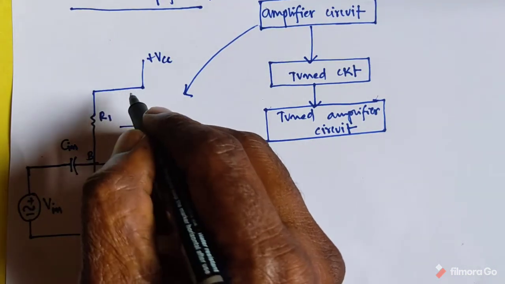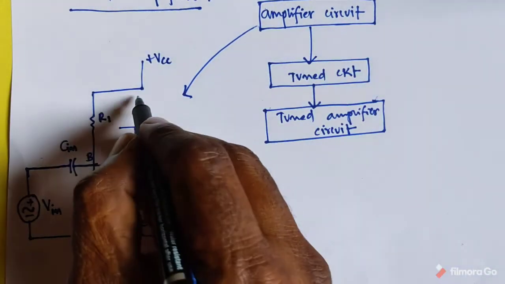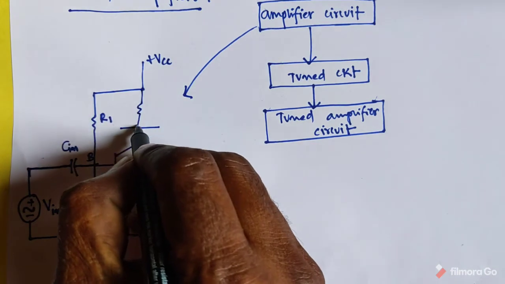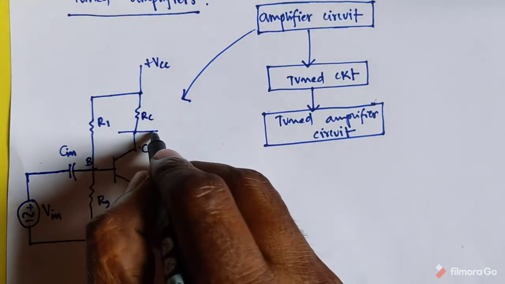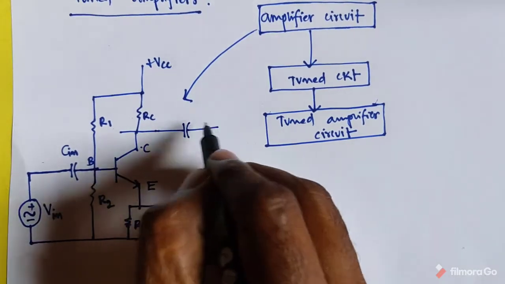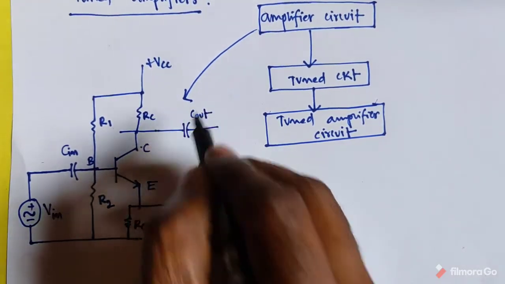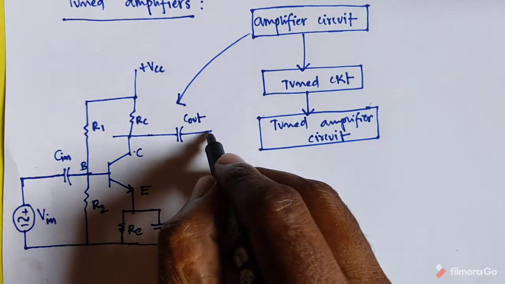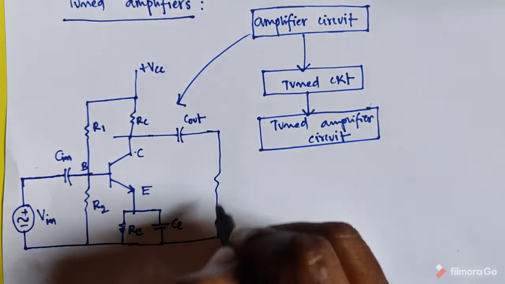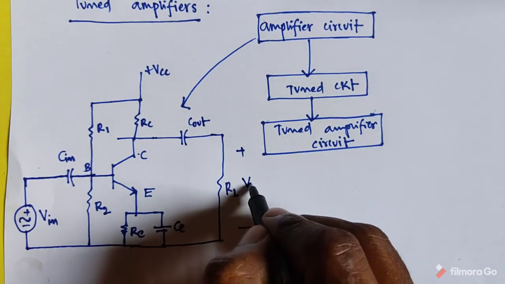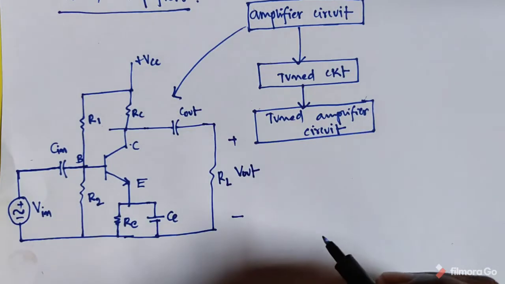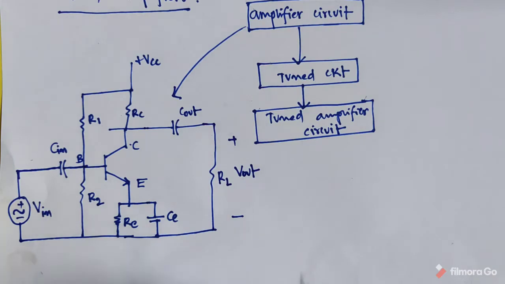At the output stage we are using one resistor, RC, which is connected to the output stage with the help of the output capacitance, C out, and then to the load resistance RL. At the load resistance you can calculate the output voltage. So this is the basic amplification circuit.